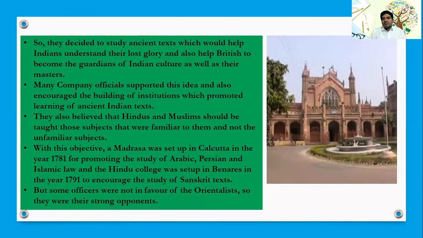The Oriental system of education means one which encourages the traditional Indian system of education and traditional Indian culture, which encouraged the madrasa system for Muslims and Sanskrit texts for Hindus. That is called the Oriental system of education. The people who supported this traditional system of Indian education are called Orientalists.